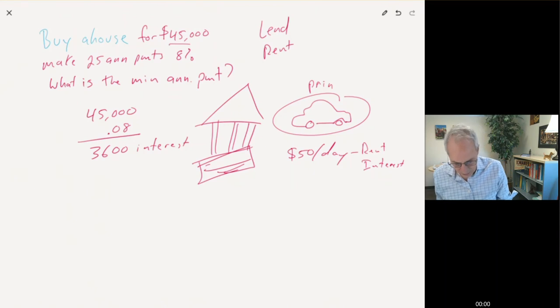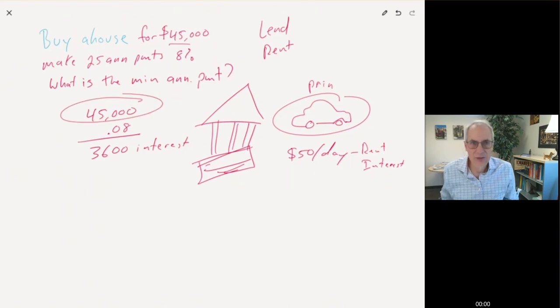So with a loan, that's what you borrowed, the $45,000. If you just pay the $3,600, that's like the rent, if you will, on the money. If you pay that every year for, let's say, 45 years, how much would you owe the bank?